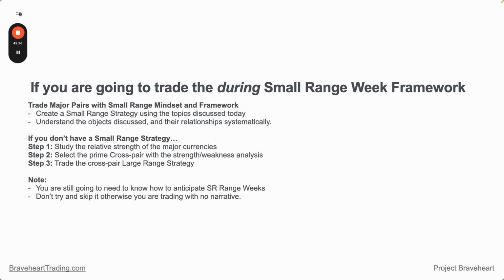Understand the objects discussed: small range week, dealing range valuation, the POIs, the Falcon swings, the mindsets, the relationships, everything we talked about here, and their systematic relationships. Just form a strategy with that, and then back test it over and over again, forward test it, and then learn, adapt, and go with it.